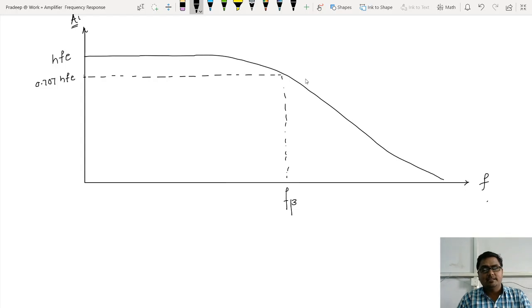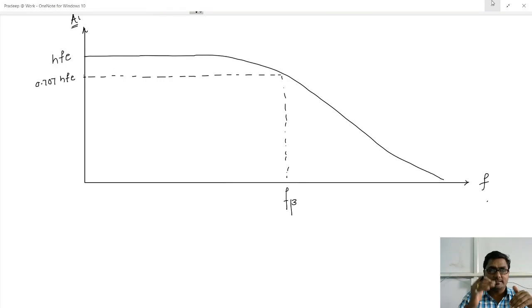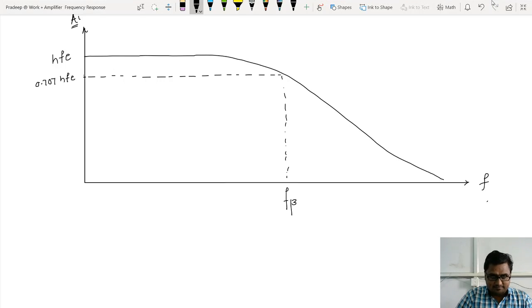Right. Now my intention is not to plot only F beta, I want FT also. Now what is that FT? FT is the frequency at which AI falls to 1. At this point AI is equal to HFE. At this point AI is equal to 0.707 of HFE, that is minus 3 dB. Now I want FT.